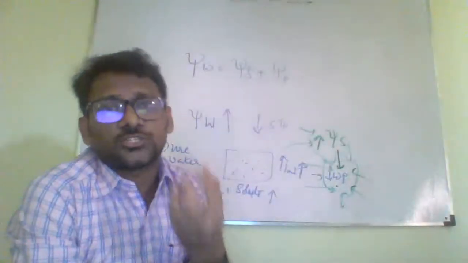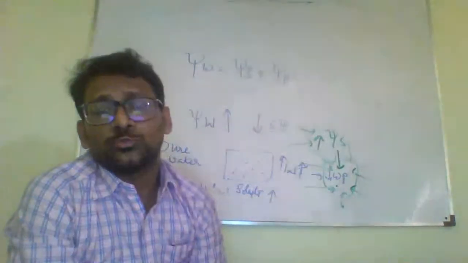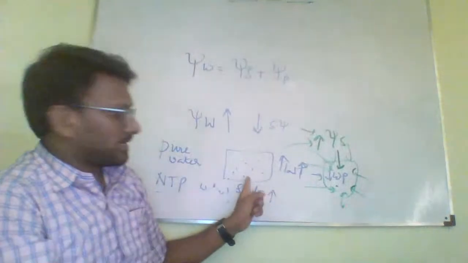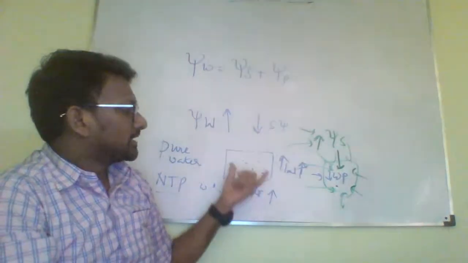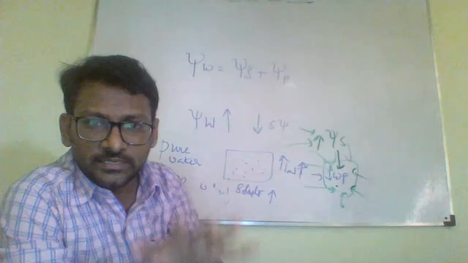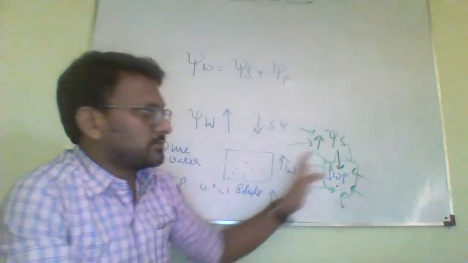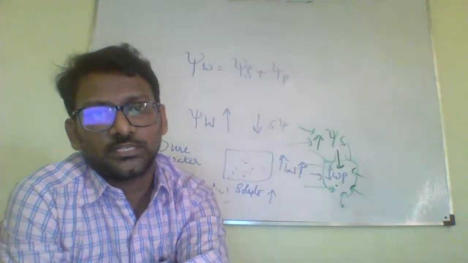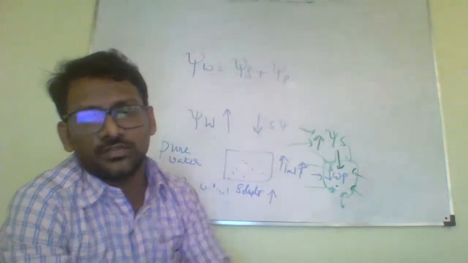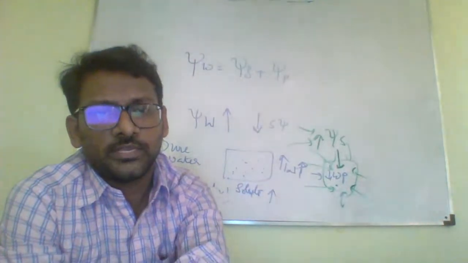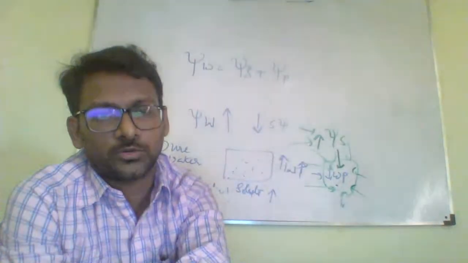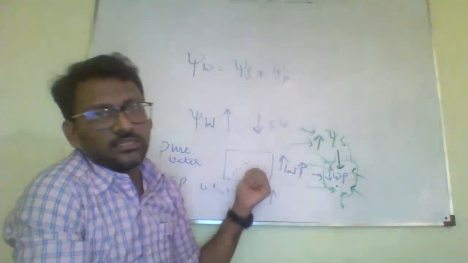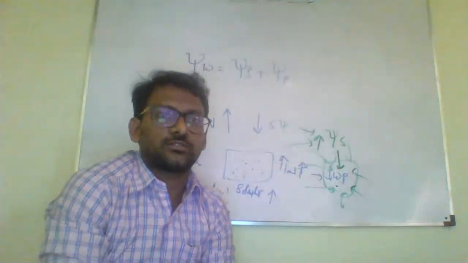It is the decrease in the chemical potential of pure water due to the presence of solute particles in it. Due to the presence of solute particles, the chemical potential of water would be decreased. That is nothing but solute potential. It always comes in negative values. So it always has a negative value when we calculate, right?